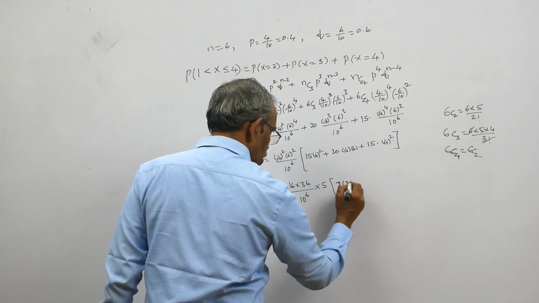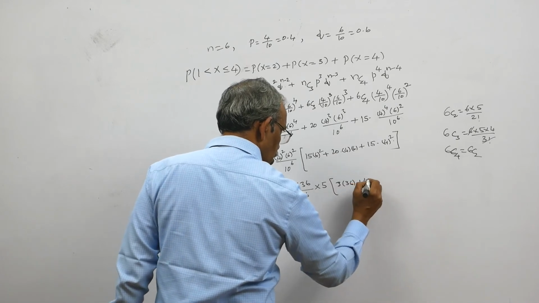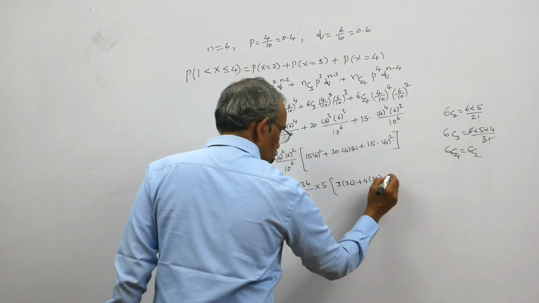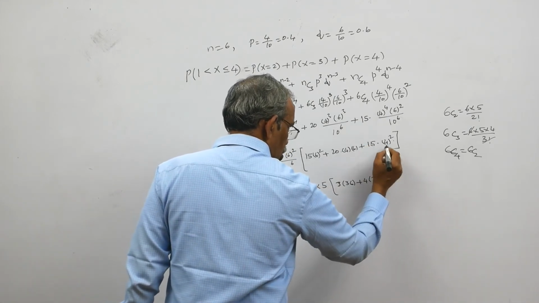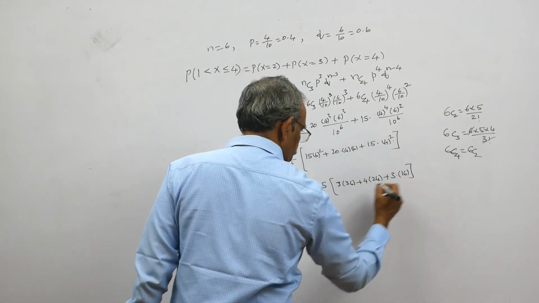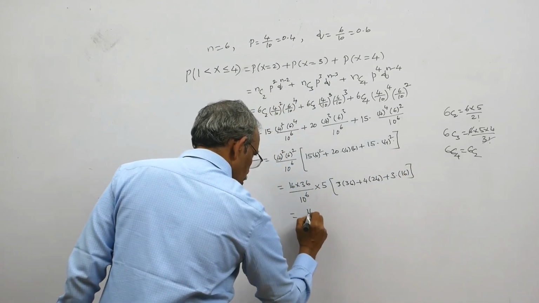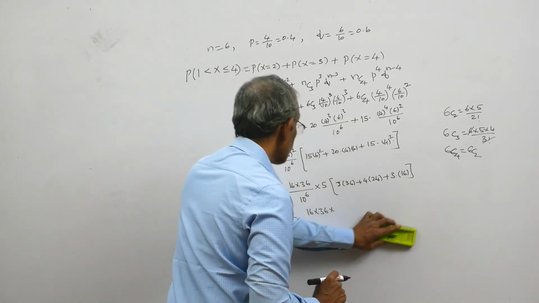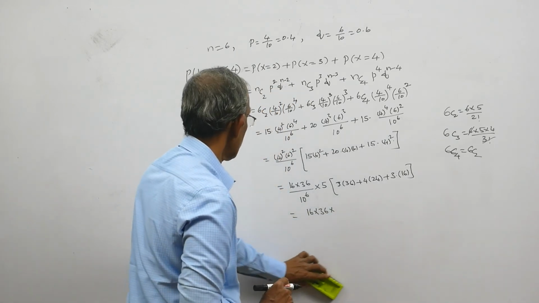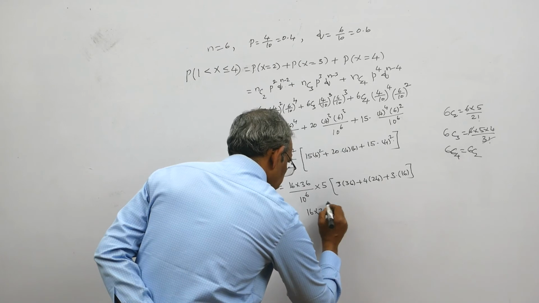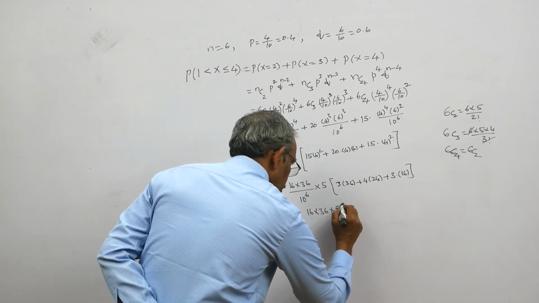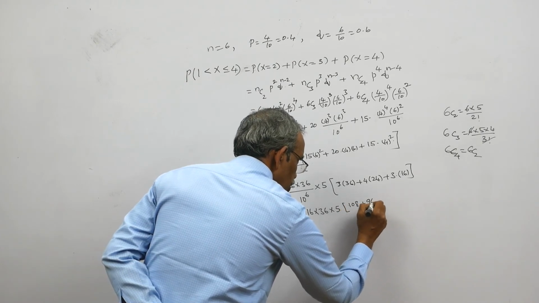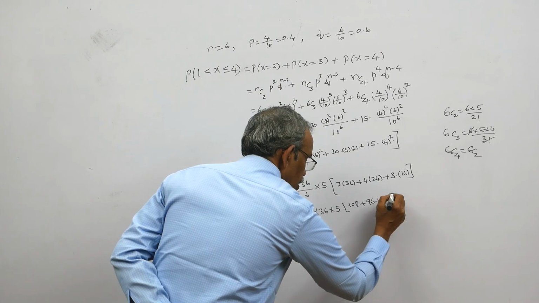Here we get 3 into 36, 4 into 6 is 24, and 3 into 16 is 48, with 5 taken as common. That is equal to 16 into 36 into 5 times the bracket: 3 into 36 is 108, 4 into 24 is 96, 3 into 16 is 48.